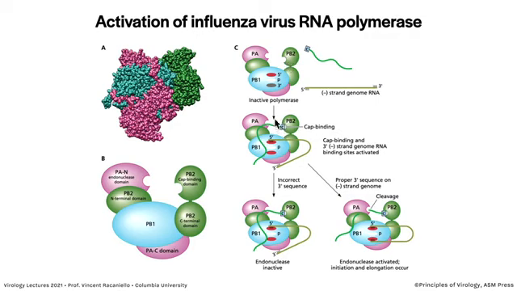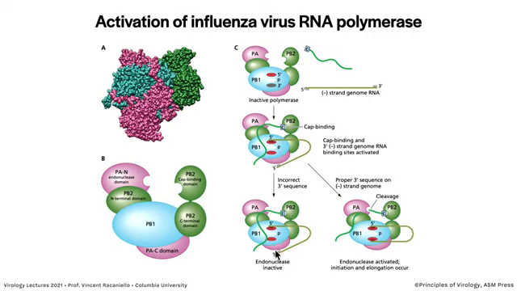And eventually they're going to be cleaved, as shown down here, to make the primer for RNA synthesis. If it turns out that the wrong RNA binds to the PB1 subunit, the endonuclease will never be activated. So let's say, for example, that the 3' end of this RNA that's bound is the wrong sequence.